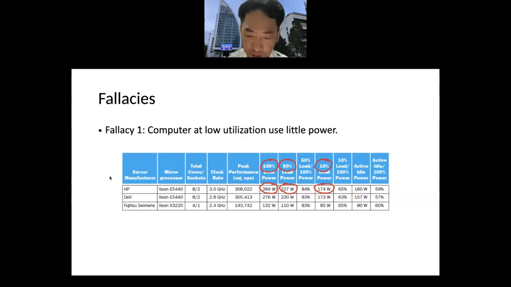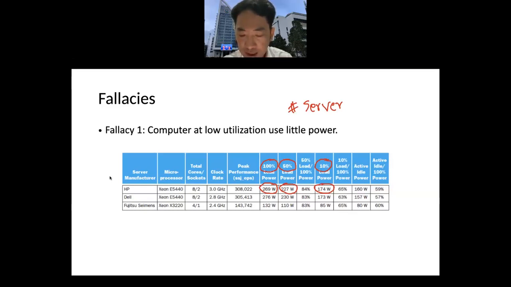And you have to know that this is just for the server, not for the notebook or tablet. It's for the server only, because in the server, most of the time we think about the performance. So most of the time we let the processor run at full speed.